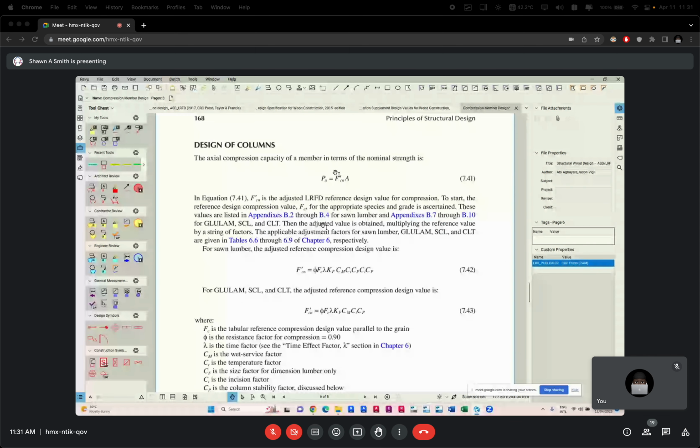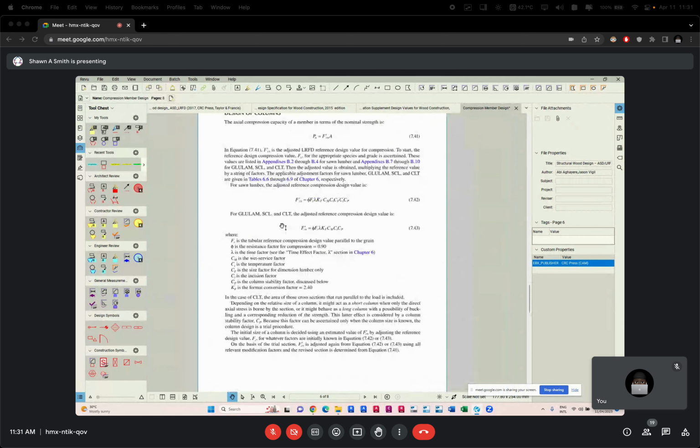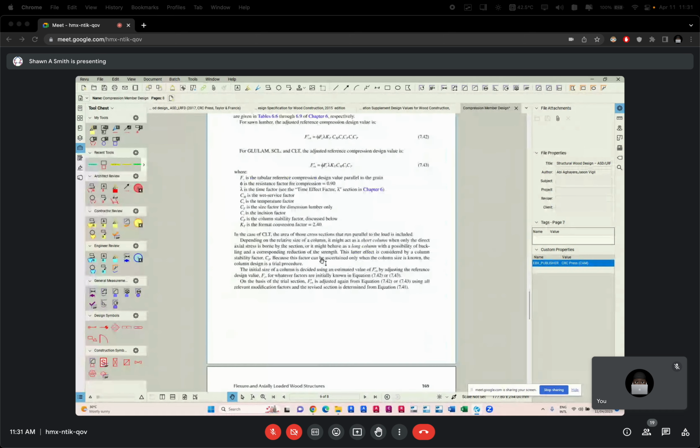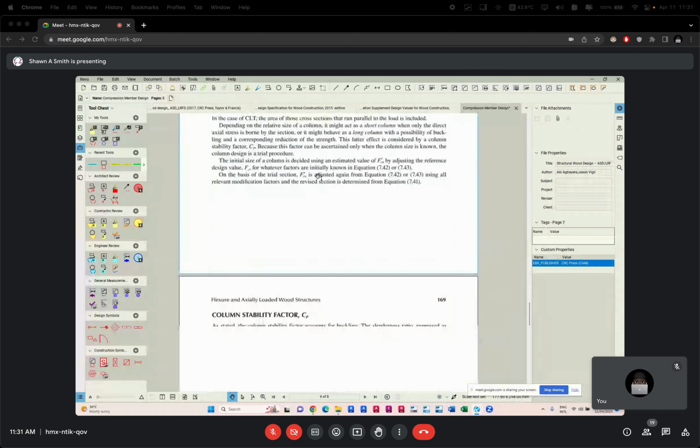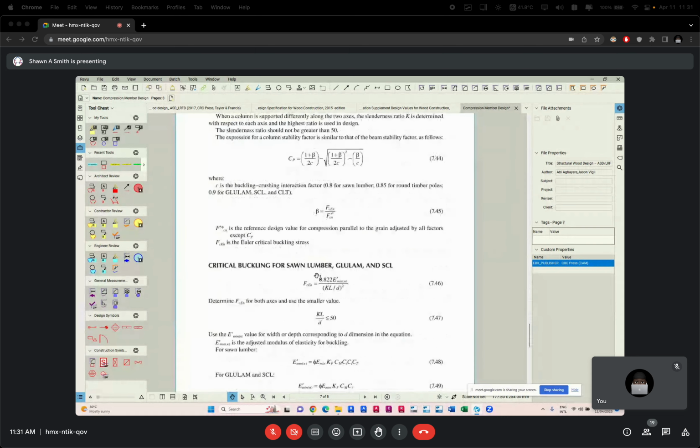It says here for sawn lumber, the adjusted reference design value is this. We looked at it up top before, and for glulam, it is this. We have looked at them before, right? Same things are happening again, but this time from a design perspective, and these are the same thing again, but written in a different format.